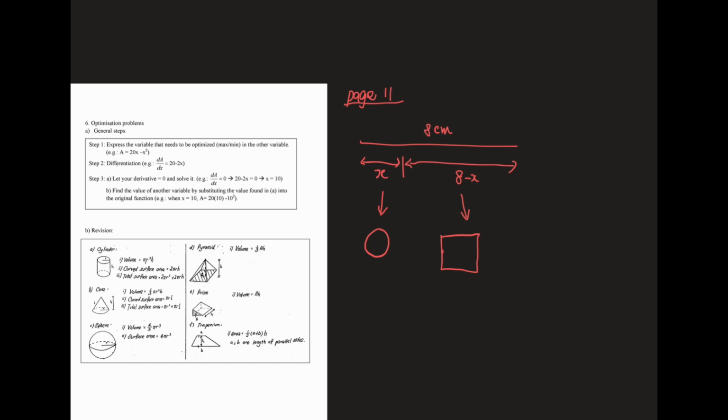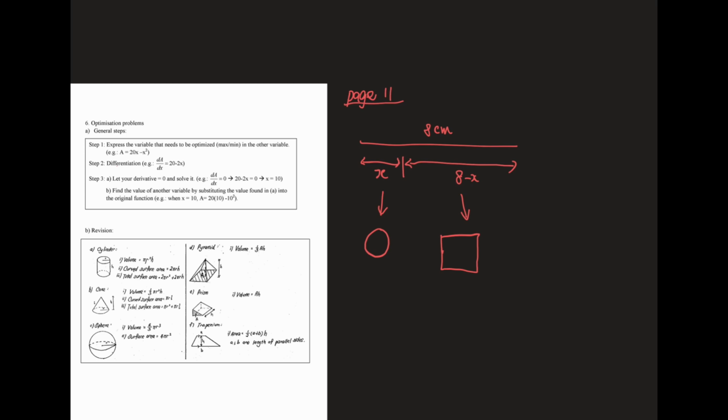Okay, then show that as x varies, the sum of the areas enclosed by these two pieces of wire is a minimum when the radius of the circle is 4 over 4 plus pi.